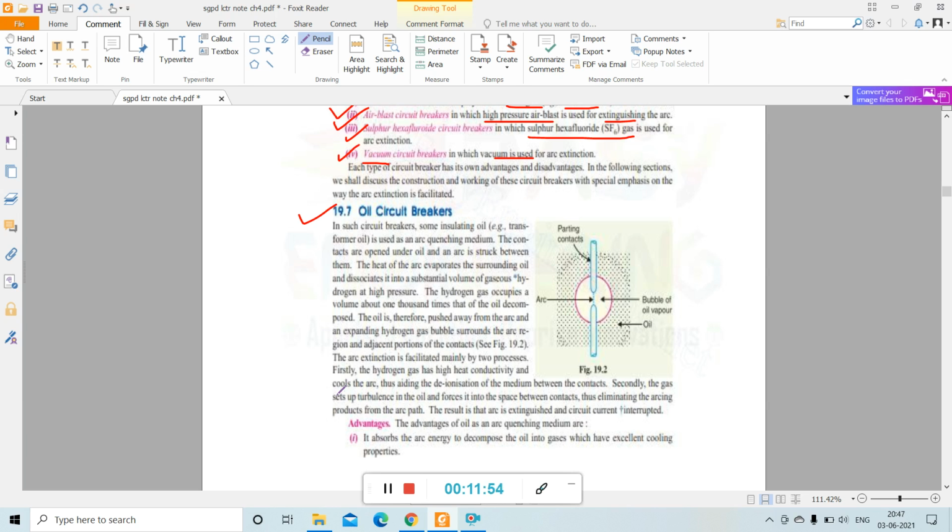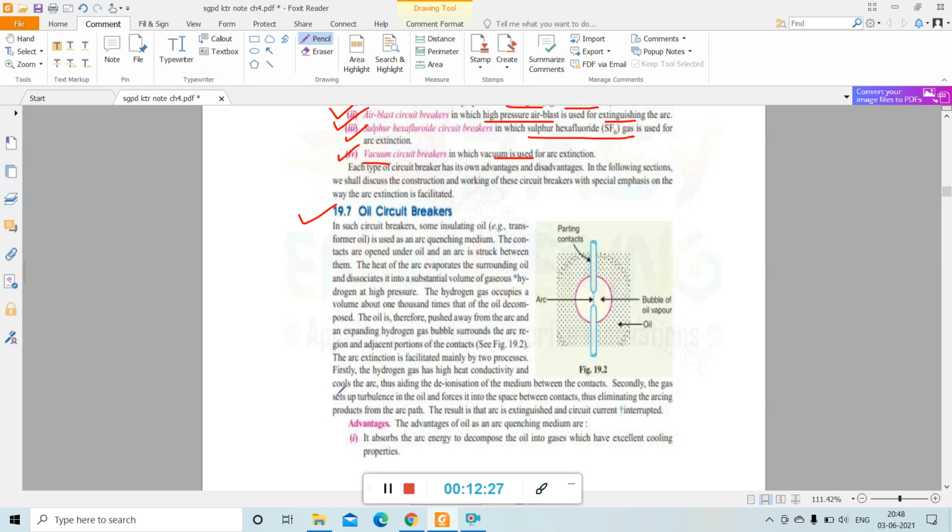The heat of the arc evaporates the surrounding oil and dissociates it into a substantial volume of gaseous hydrogen at high pressure. The hydrogen gas occupies a volume of about 1000 times that of the oil decomposed. So the oil is pushed away from the arc and an expanding hydrogen gas bubble surrounds the arc region and adjacent portions of the contact.